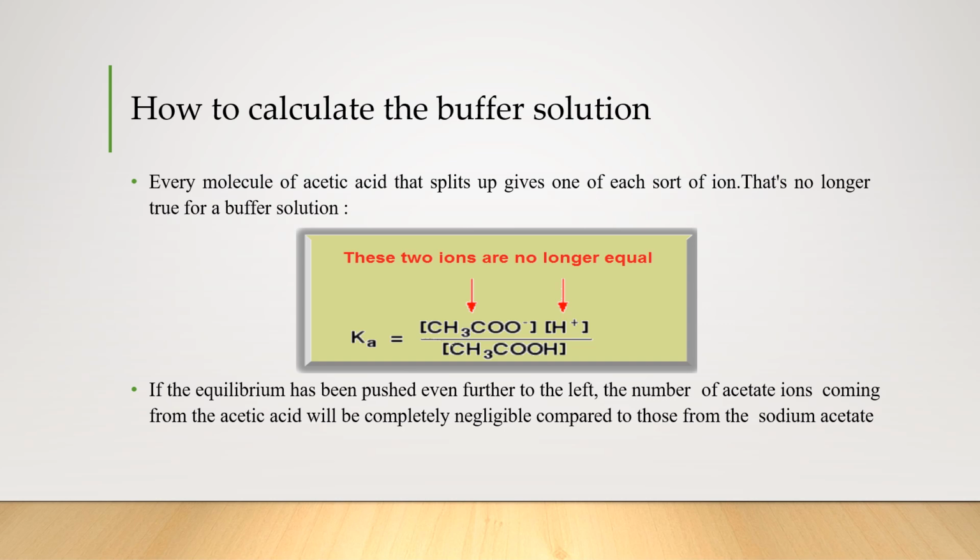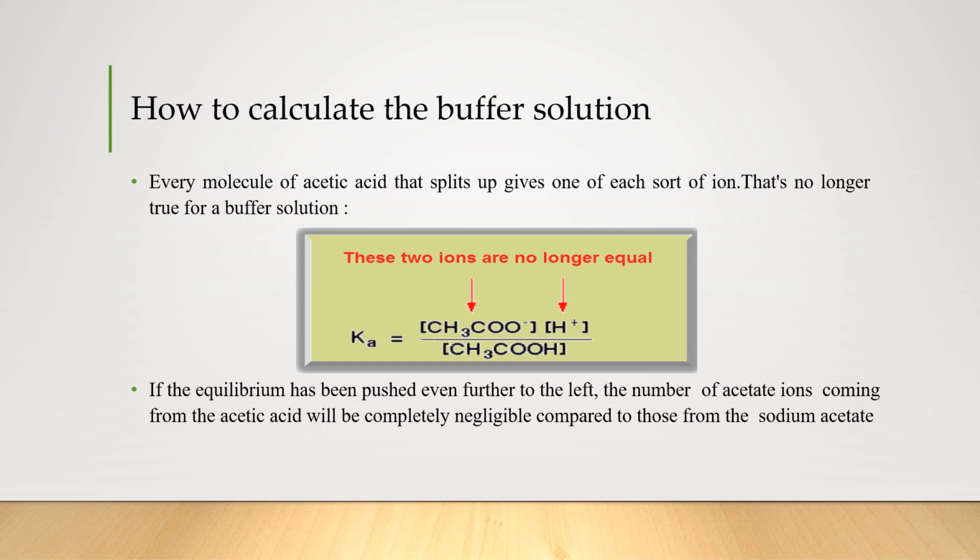Next, how to calculate the pH of the buffer solution, starting with acetic acid. The acetic acid that splits up gives one of each of the ions. That is no longer true for the buffer solution. If the equilibrium has been pushed even further to the left, the number of acetate ions coming from the acetic acid will be completely negligible compared to those from the sodium acetate.